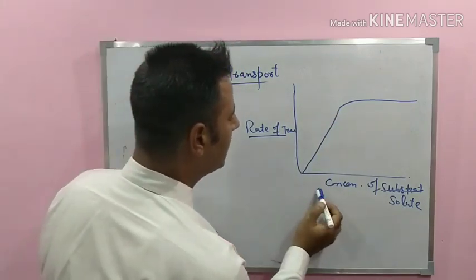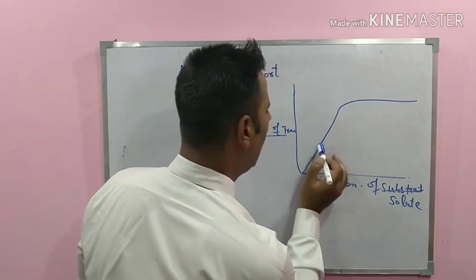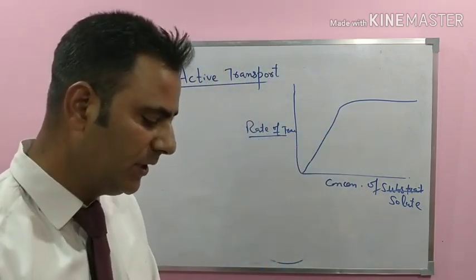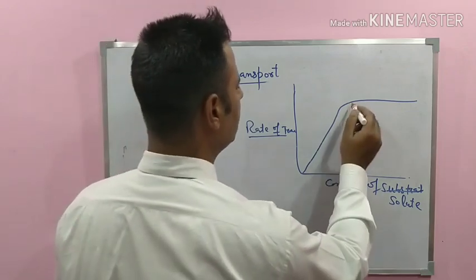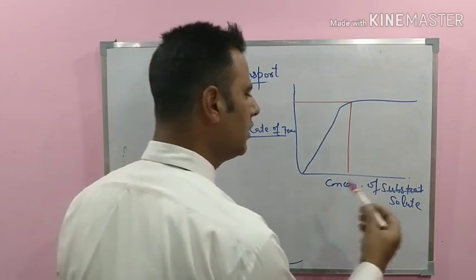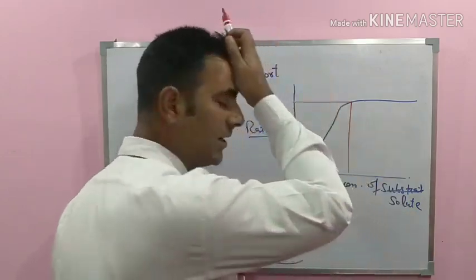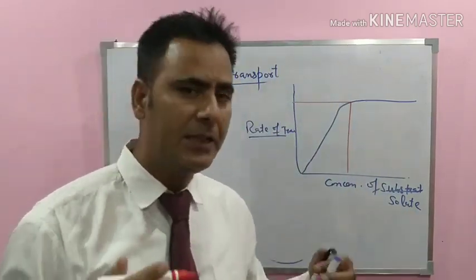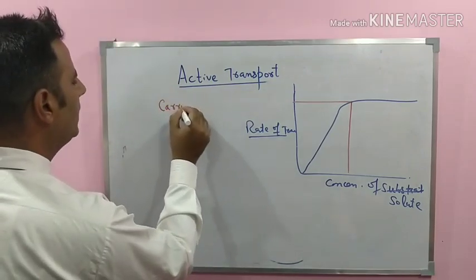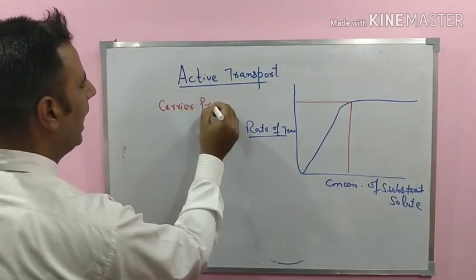As we increase the concentration of solute, the rate of transport also increases until it achieves a maxima, after which, if we increase the solute concentration further, the rate of transport is not going to increase. And this indicates the active transport is being carried out with the help of carrier proteins. I will tell you how.